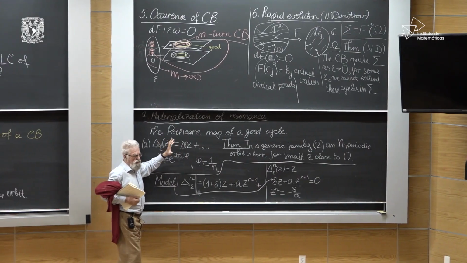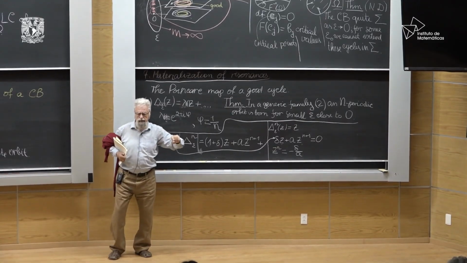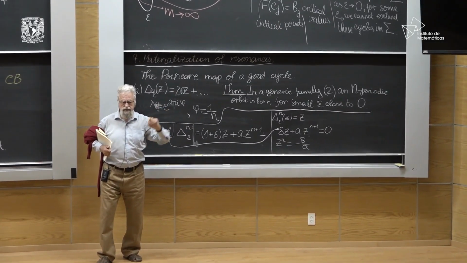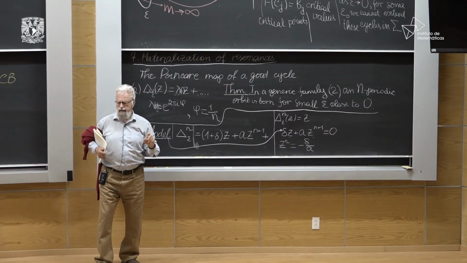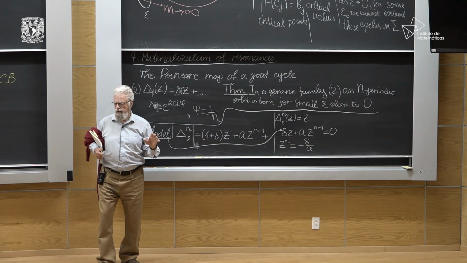As it tends to 1 in the complex plane, then there will be spots where it is exactly equal to a root of 1 of the degree n. Okay?